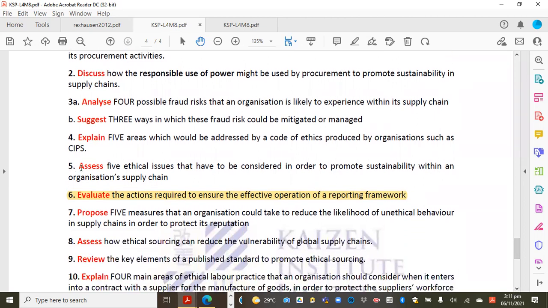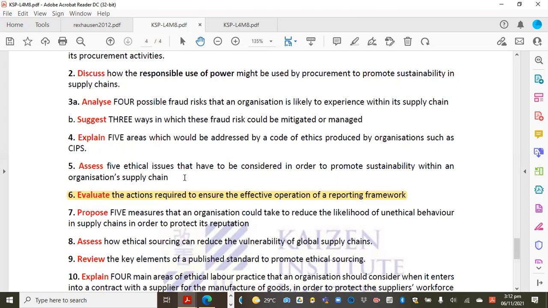Then question 5. Assess 5 ethical issues that have to be considered in order to promote sustainability within an organization's supply chain. So 5 ethical issues. We can use ethical trade initiatives, including the payment of living wages, or living wages must be paid.